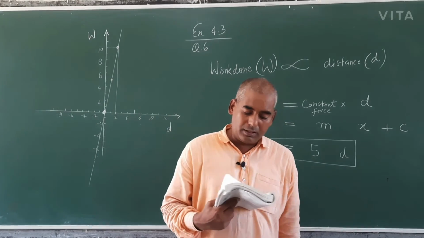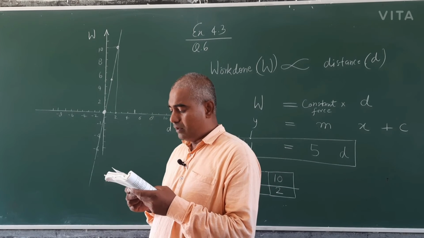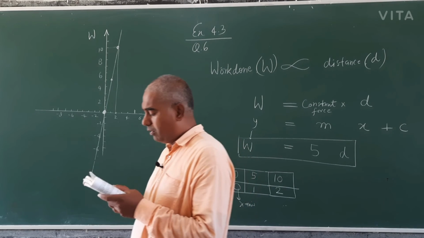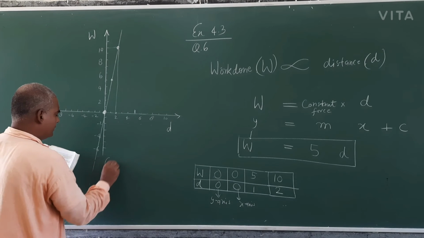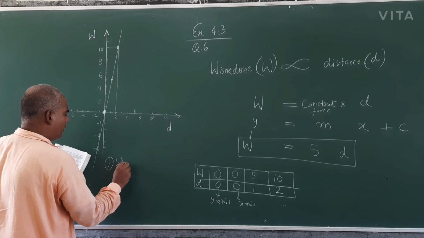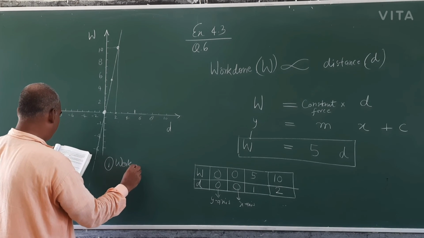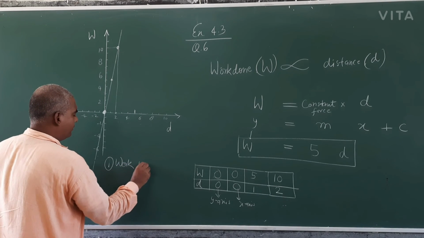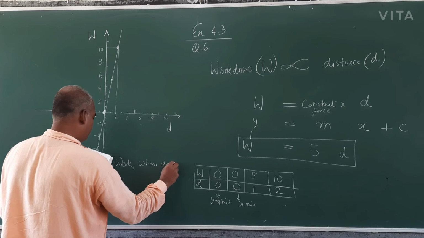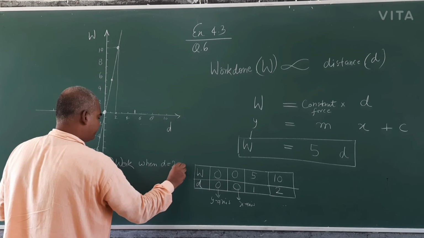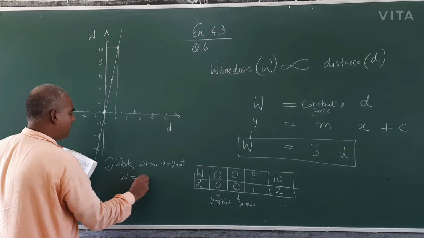So read the graph, and when the distance traveled, also read the graph, the work done. So write first number, work done, when d is equal to 2 unit, work is equal to 10 unit.